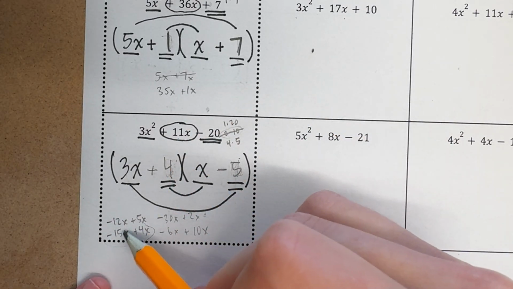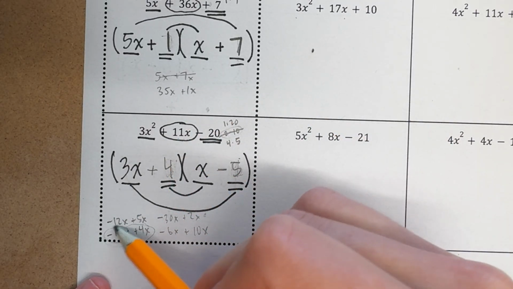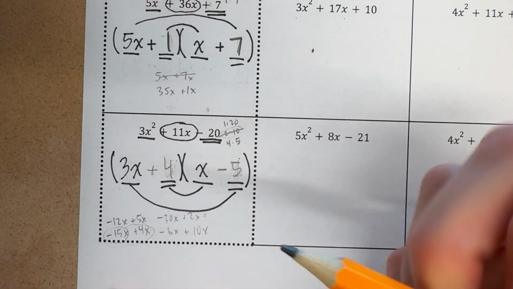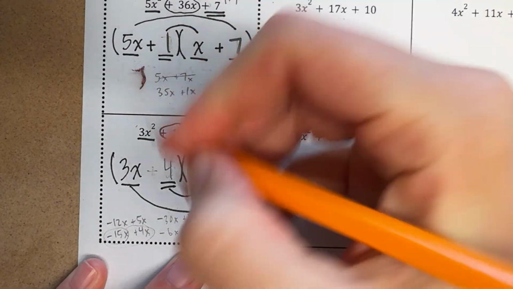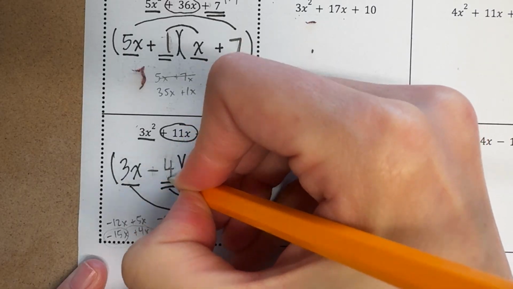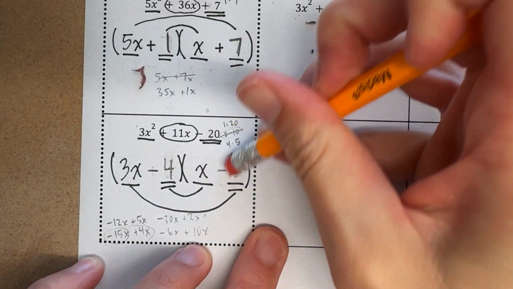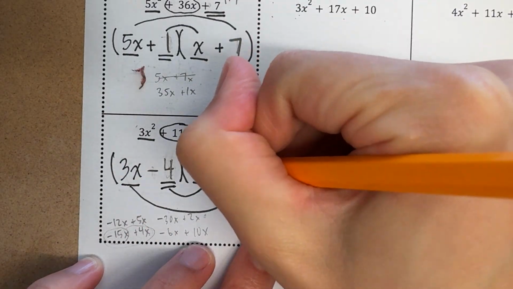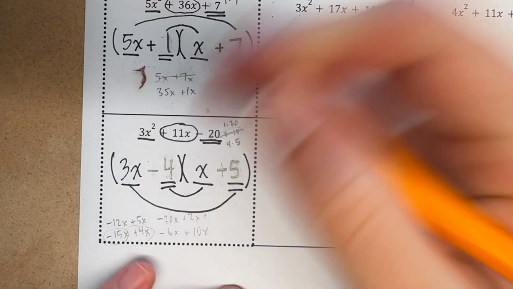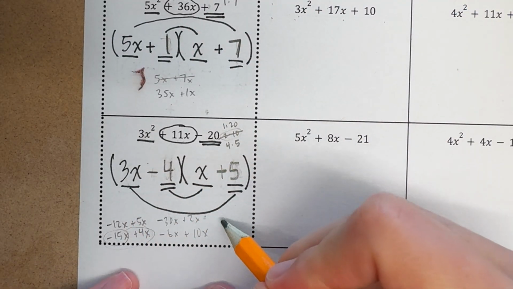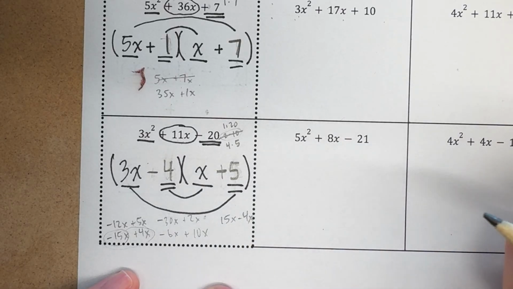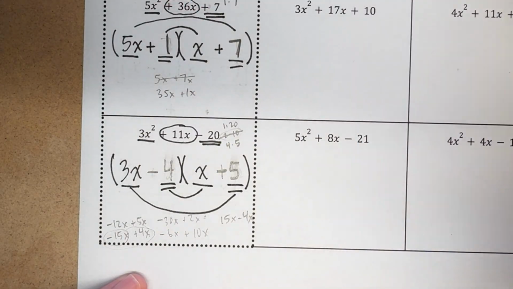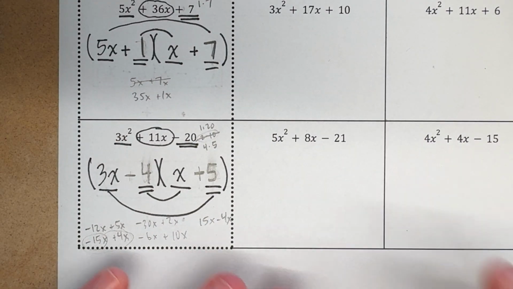So what I wish is that here I had positive 15 and negative 4. That would add to positive 11. So let's go ahead and switch. I'm going to make this the negative sign right here. This is going to be negative 4. And then this one over here is going to be positive. We'll just make it nice and neat. Positive 5. And then look, 3x times 5, that's 15x. Negative 4 times x, that's minus 4x. And that does equal 11x. Okay? So go ahead and finish these 2 problems and get checked.